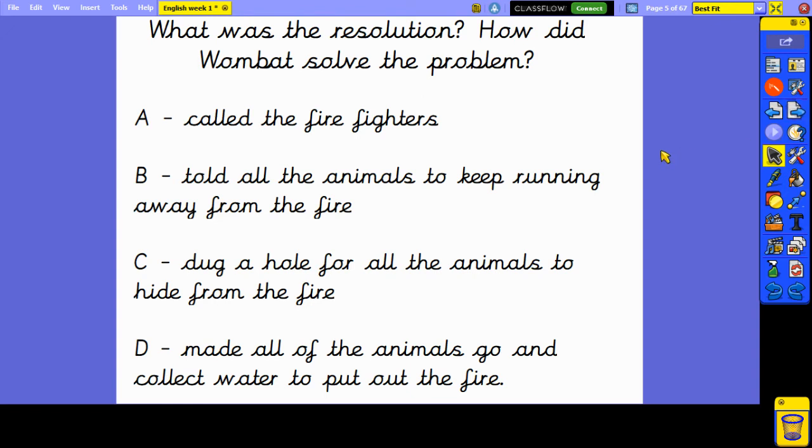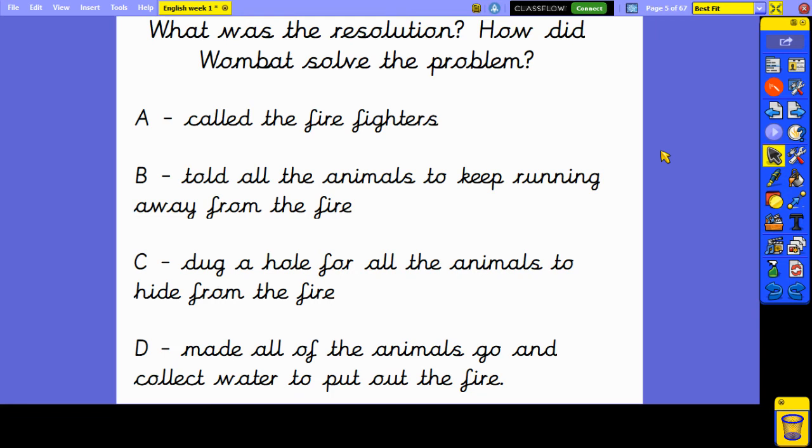What was the resolution? How did Wombat solve the problem? So we know there was a forest fire, but how did Wombat solve that problem? I've given you 4 options here. Was it A, he called the firefighters? B, he told all the animals to keep running away from the fire?